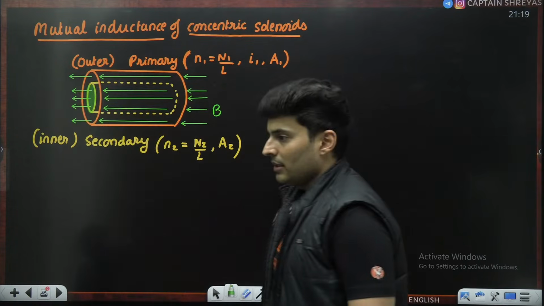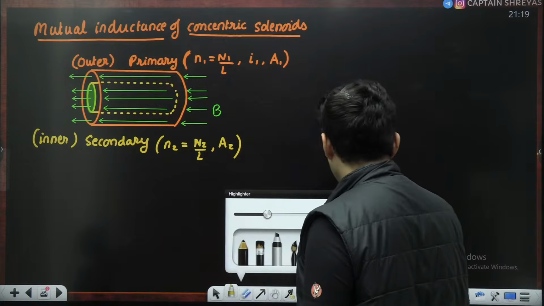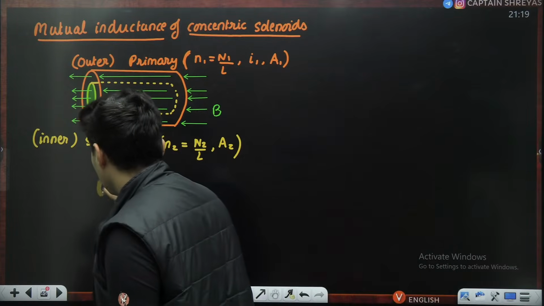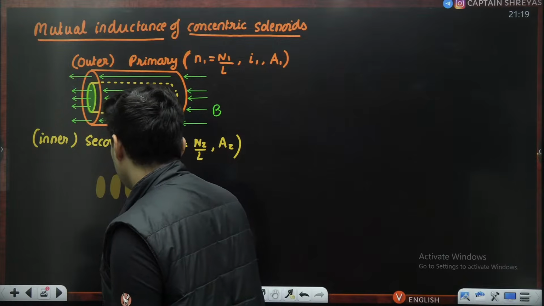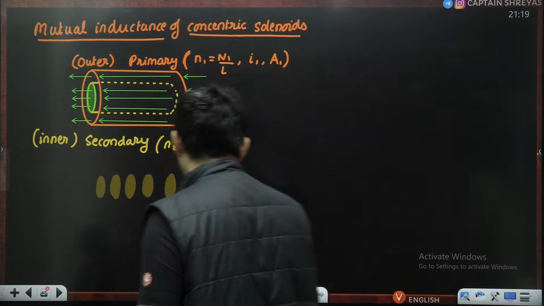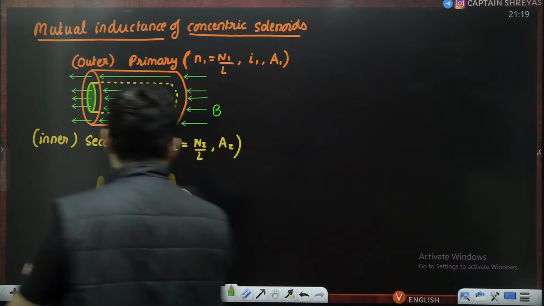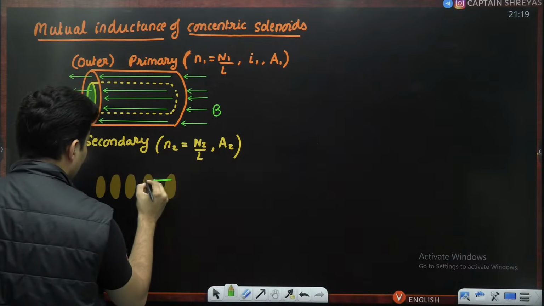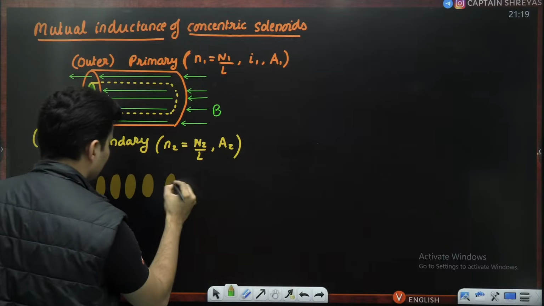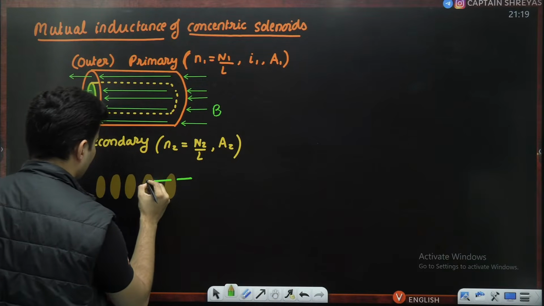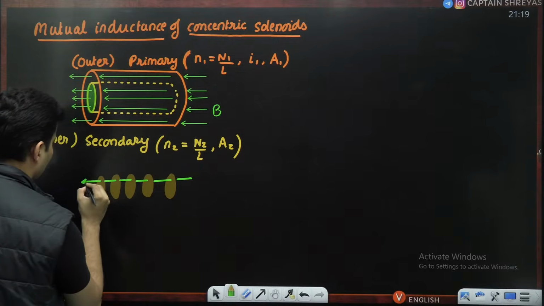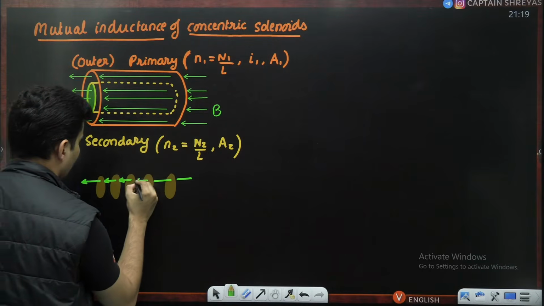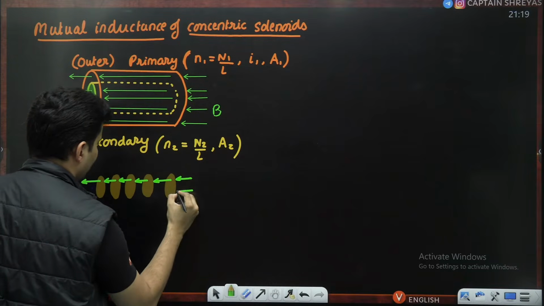If you see every such cross section of that secondary coil, there are many turns, and through each turn, the magnetic field lines are passing by.